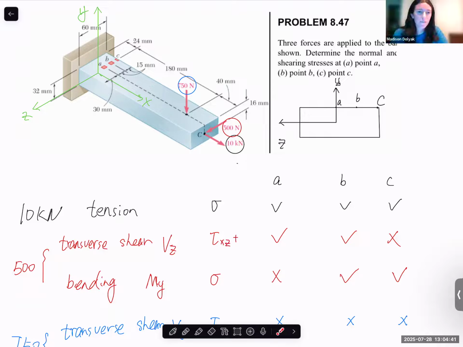You were saying that if we're looking at point B and trying to find the shear, that area would be the quarter, the distance of 15 or whatever it was. If we were looking at point A instead, it would be 30 millimeters, which is half. Yes. Okay.